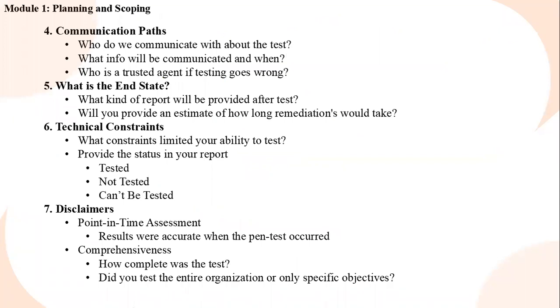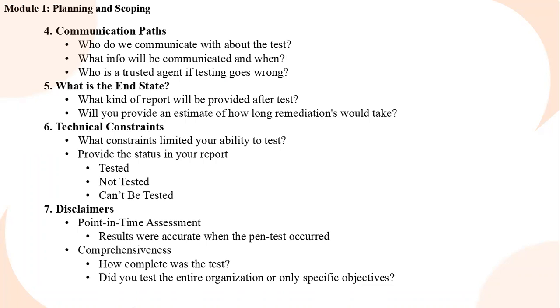Now, number 4, communication part. How should you communicate with your sponsor, with the owner of the project, within team members? Who is the trusted agent if something goes wrong? Let's say you are testing something, something goes down, or a web application stops functioning while you're doing your test, or running a tool, or doing some probing, or doing some scanning.